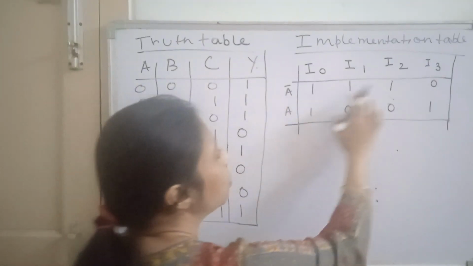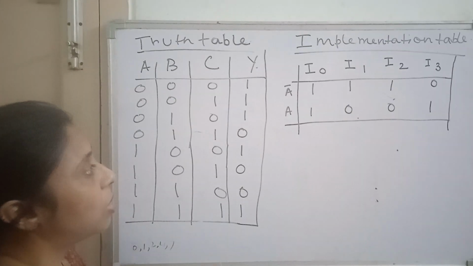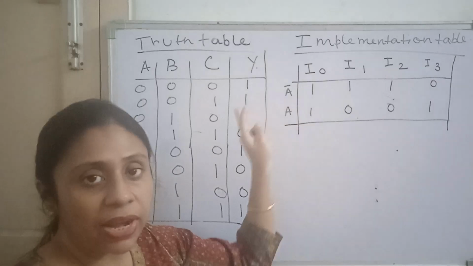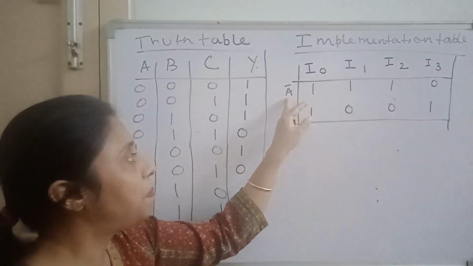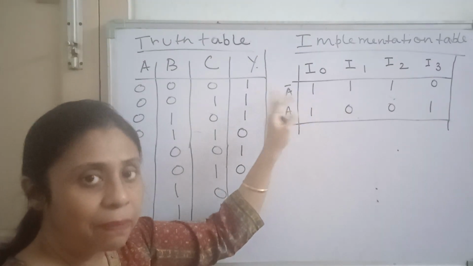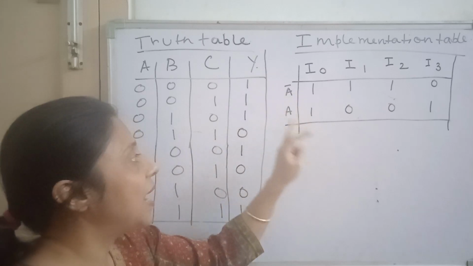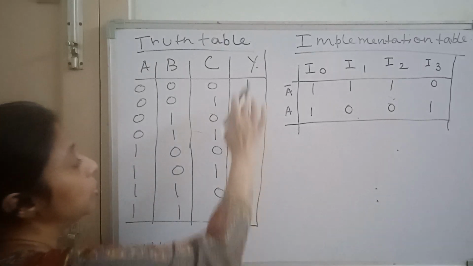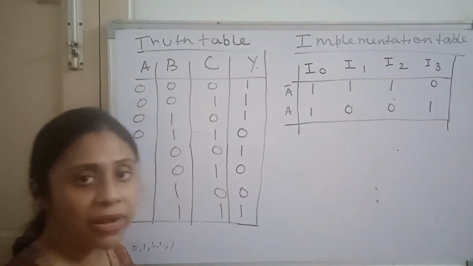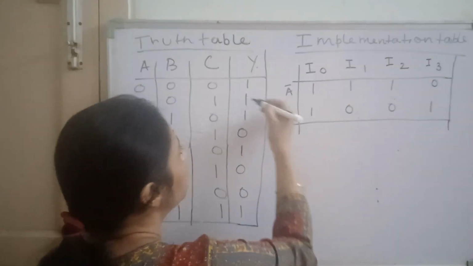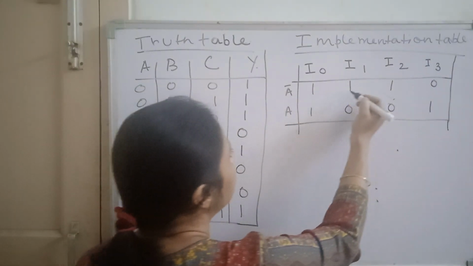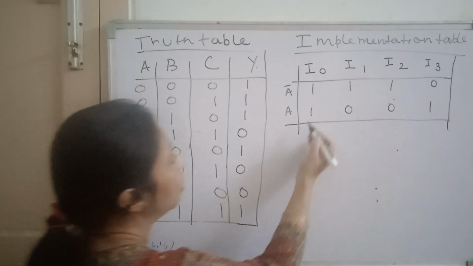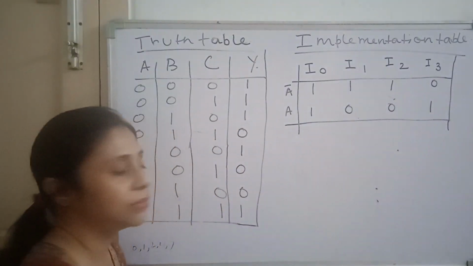Just write those outputs row-wise, because the MSB is placed in rows. There are 2 rows, one with A bar and the other with A. So the outputs go in as 1, 1, 1, 0 in the first row, then 1, 0, 0, 1 in the second.